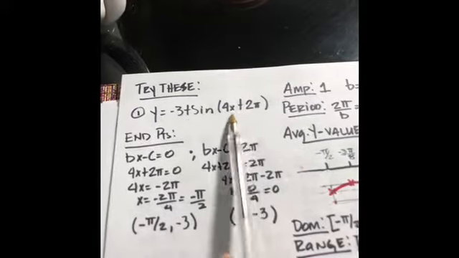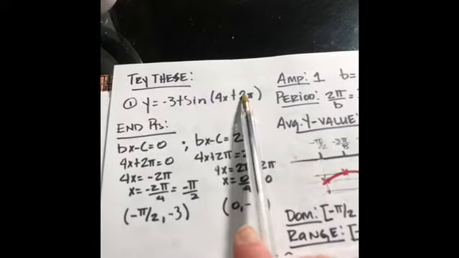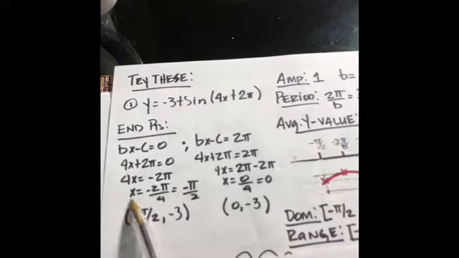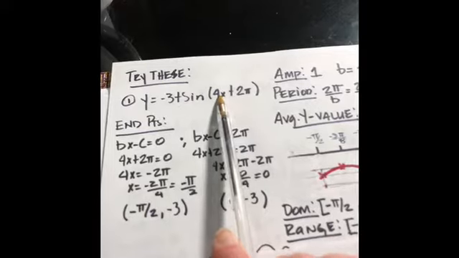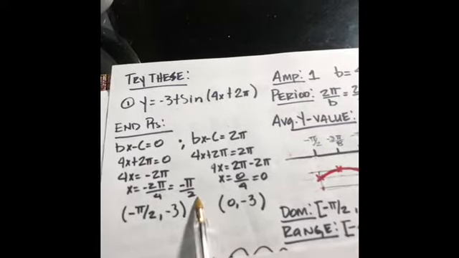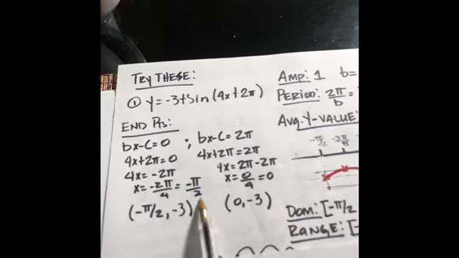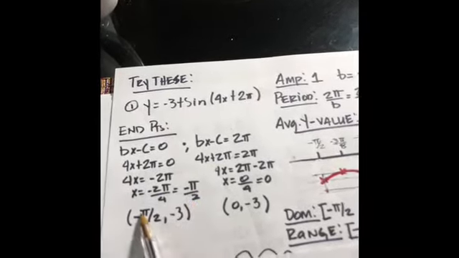I cannot obtain it directly from this part over here just by looking at the graph. This one will only tell me direction. I have to solve for x, because I have a coefficient here, and that coefficient is going to affect my horizontal movement. So the phase shift is a horizontal movement of -pi over 2, or pi over 2 units to the left.